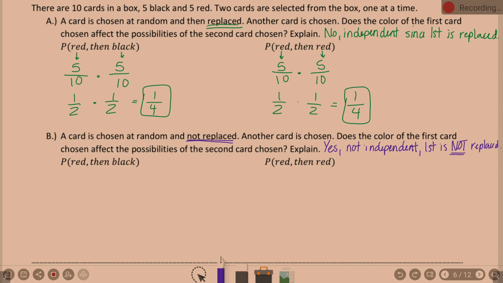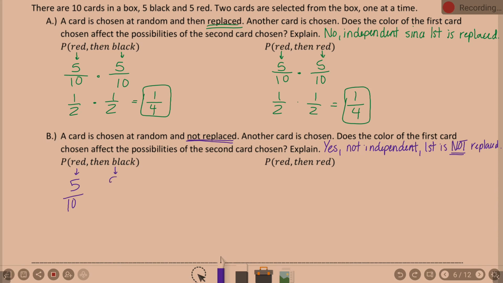Probability of red then black again. Probability of red? 5/10. 5 out of 10. Probability of black. Okay, are all 5 black going to be there? Yeah, because the first card we drew was a red card. Are all 10 cards going to be there? No, because of that first card we drew.